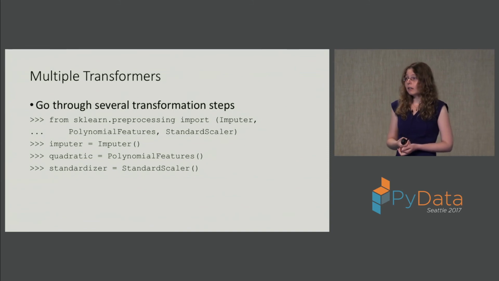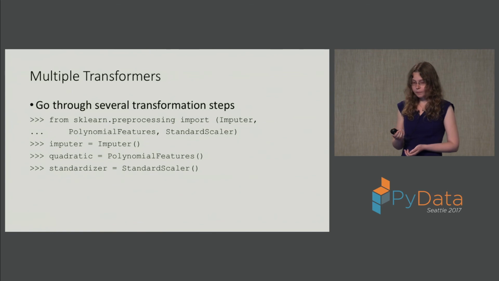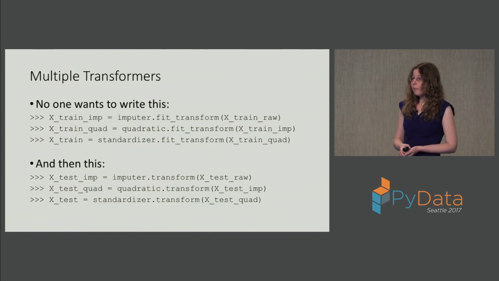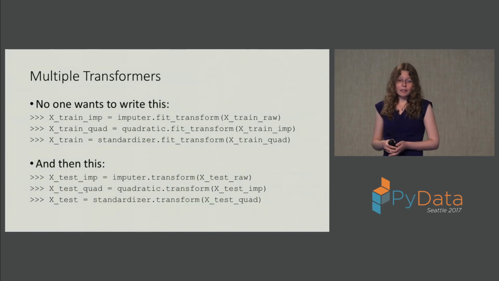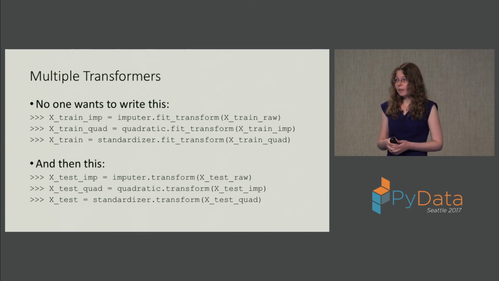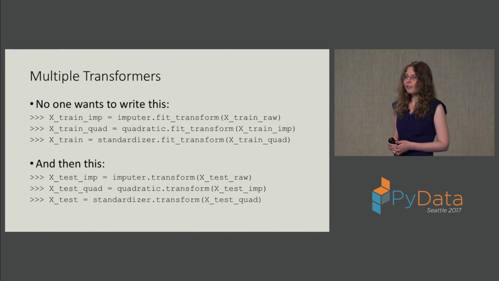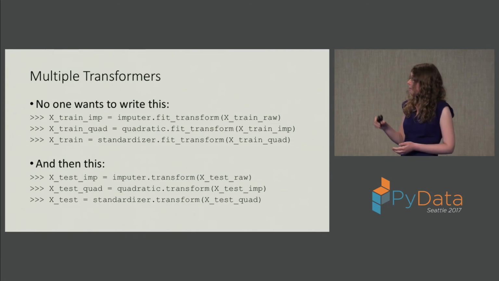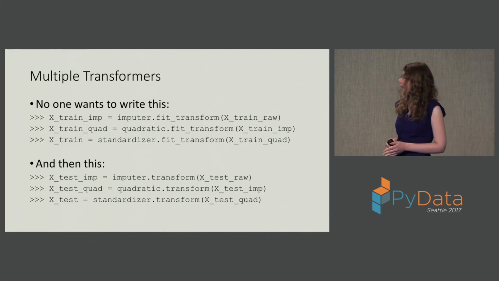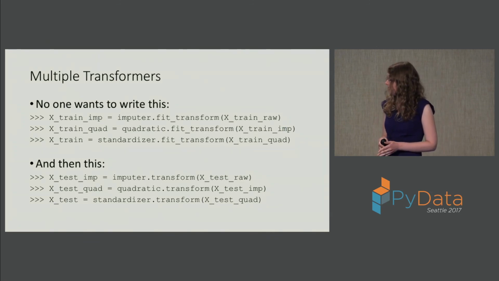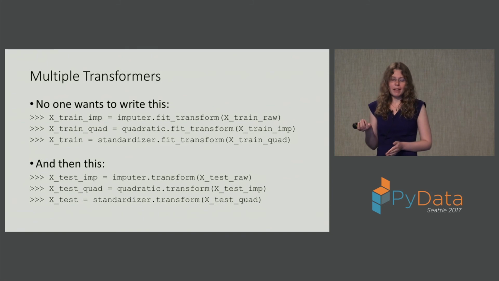And then finally, the standard scalar at the end. Well, by the time you've added 3 different transformers, it can get a bit clunky. So what if we had to put all these intermediate data sets through the transformers? Then we have to remember the order to apply them to the test data. This would be a pain.